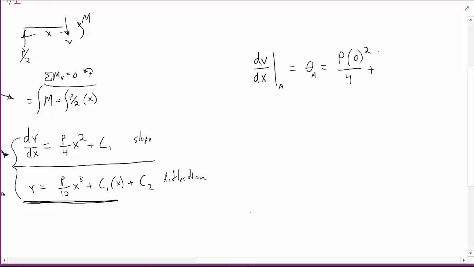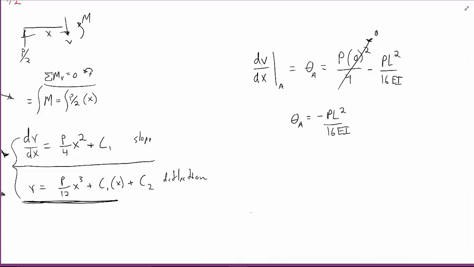We determined that earlier, which is actually a negative PL squared over 16 EI. And then obviously this just goes to 0, and our slope at A is going to equal negative PL squared over 16 EI. And that is part C.